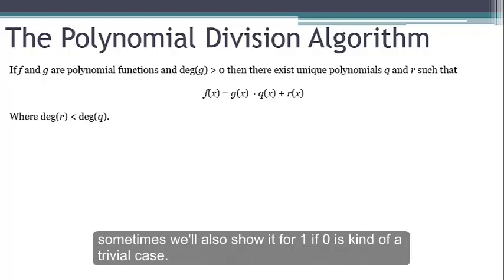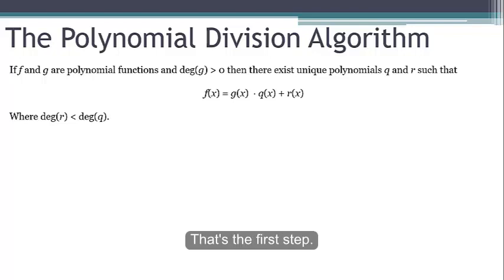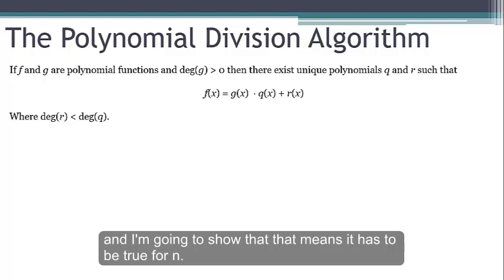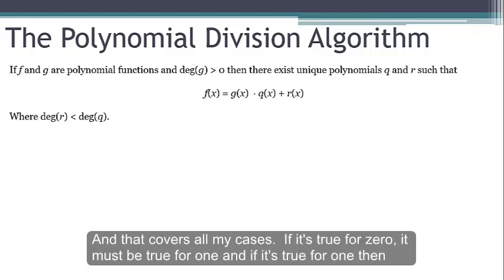Sometimes we'll also show it for 1 if 0 is kind of a trivial case. That's the first step. Then the second step, I'm going to assume that the algorithm is true for n minus 1, and I'm going to show that that means it has to be true for n.